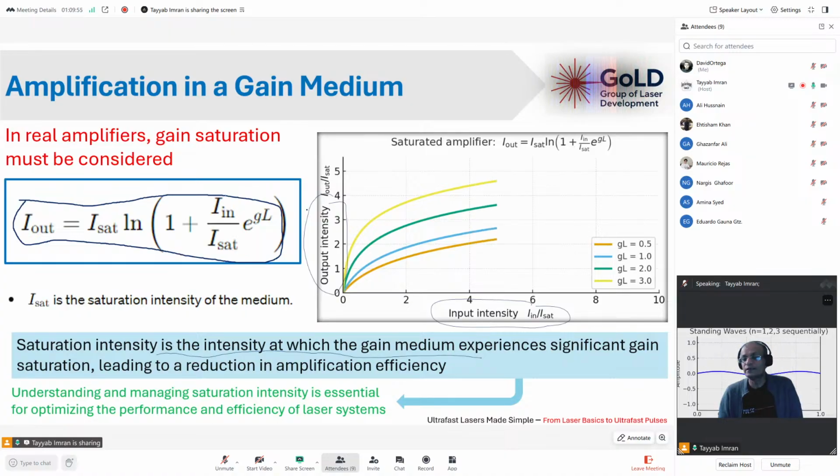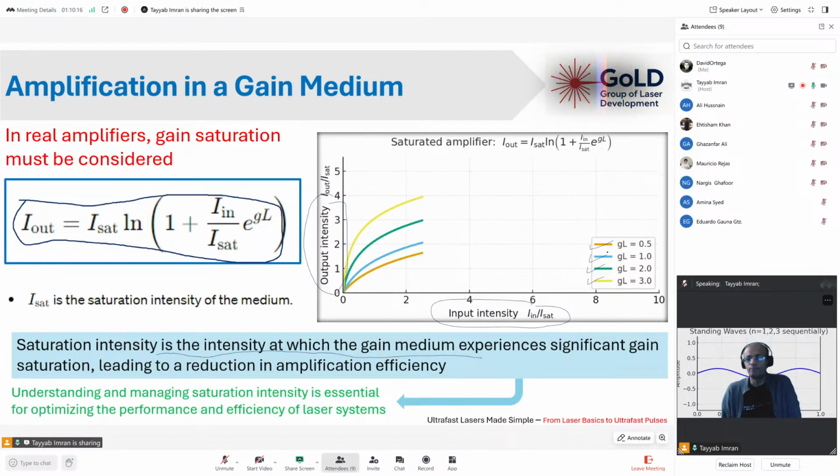There are four plots, with different GL values, where G is the gain and L is the length. Starting from here, the yellow one is 3, green is 2, blue is 1, and orange is 0.5.